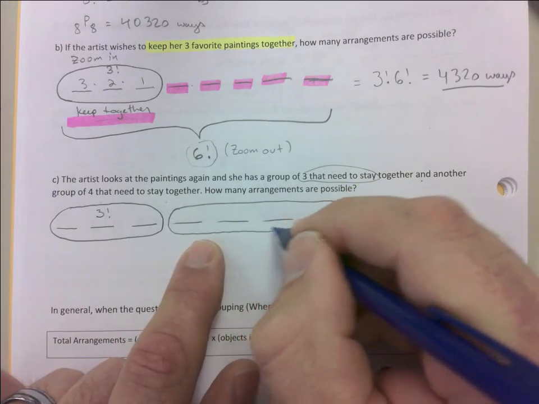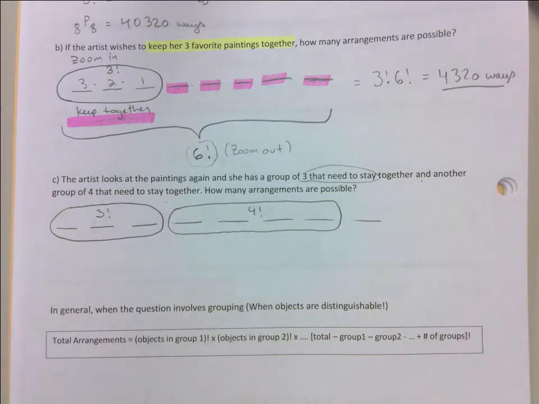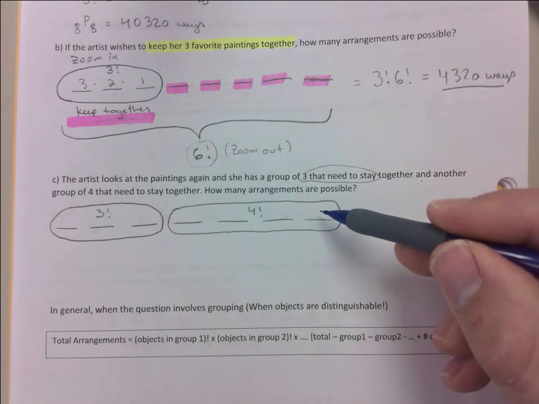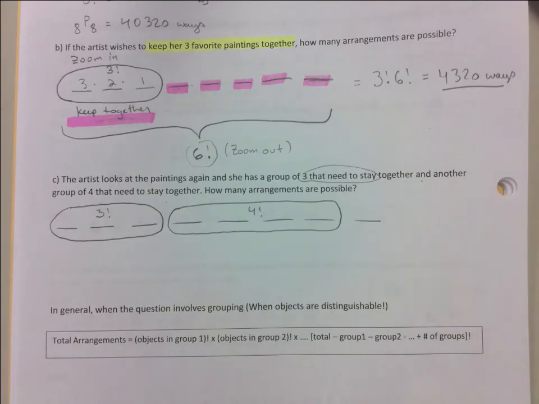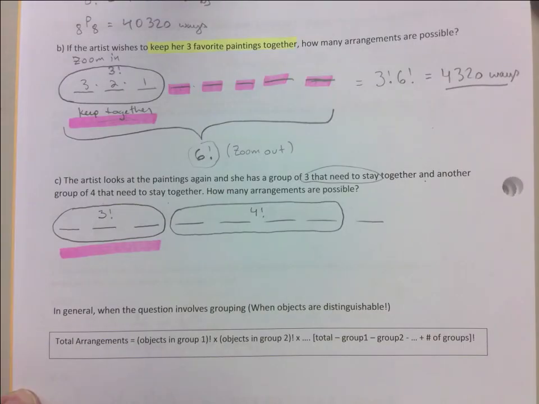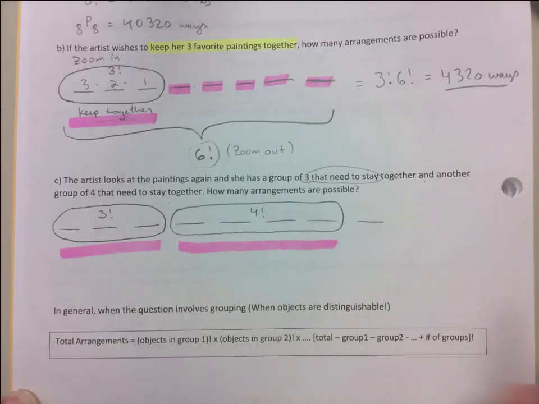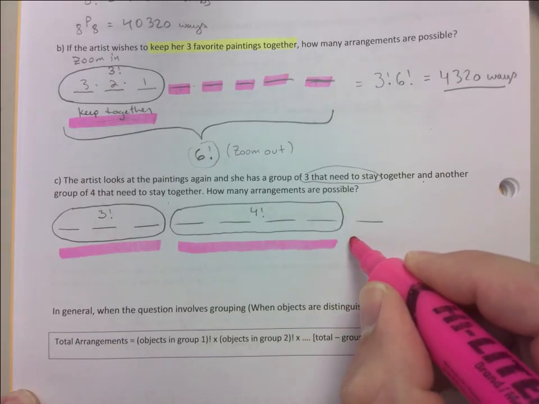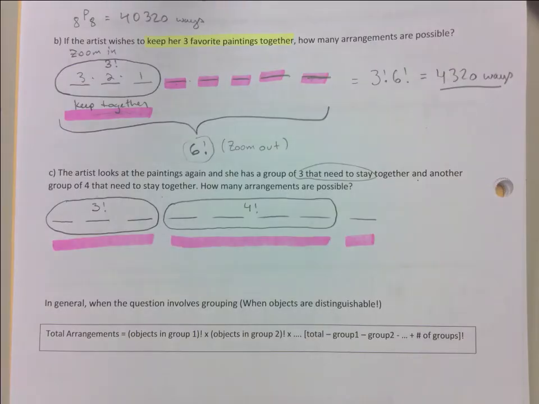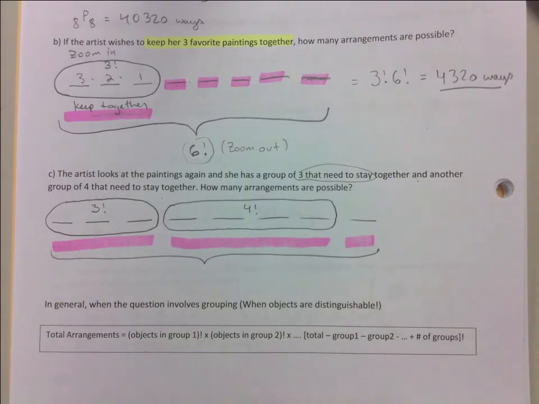So within that bag, you can have 4 factorial permutations in there. Now let's zoom out. This is one big block, right? This is one big block and another one. So if I were to zoom out, how many different permutations can I do?